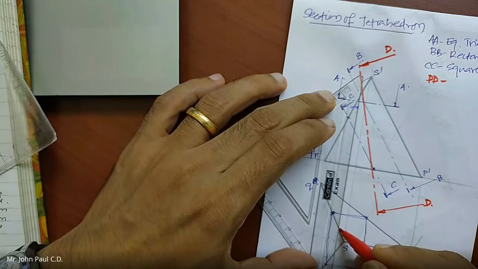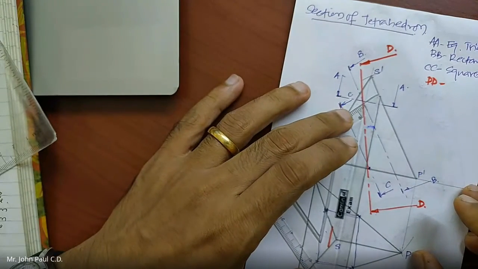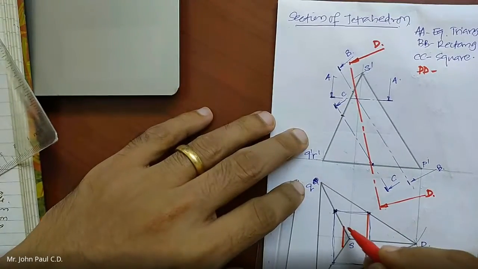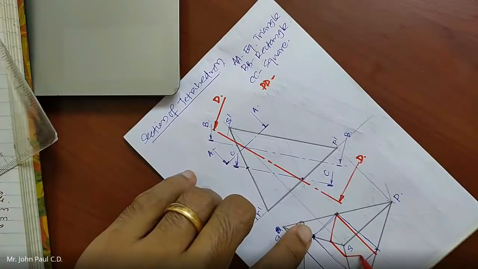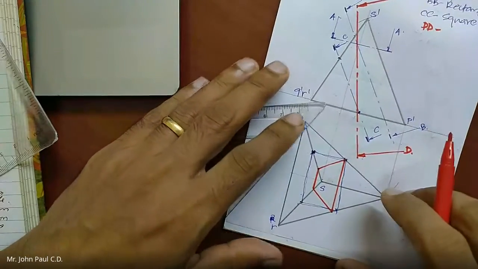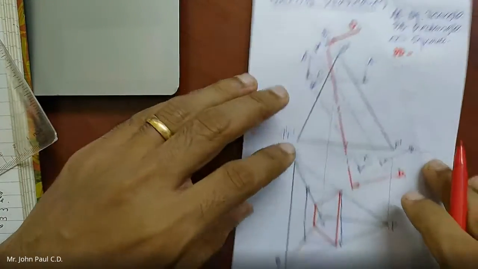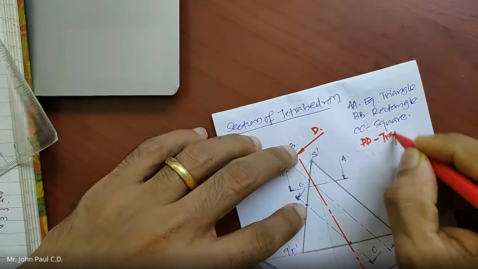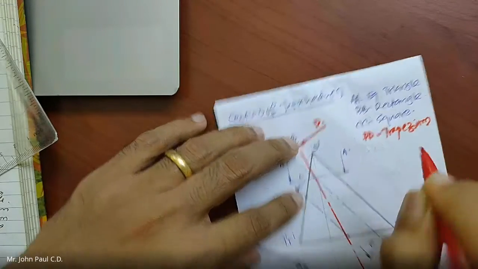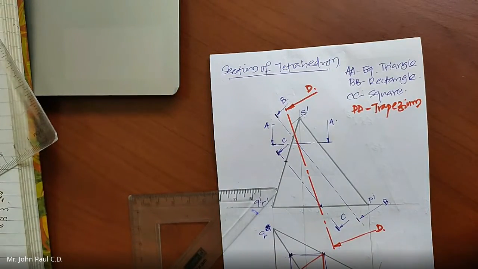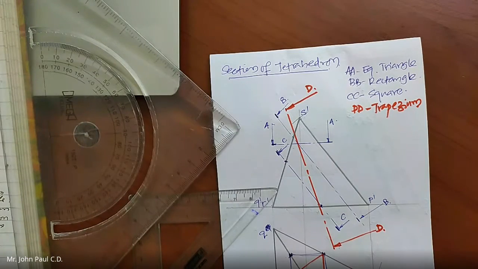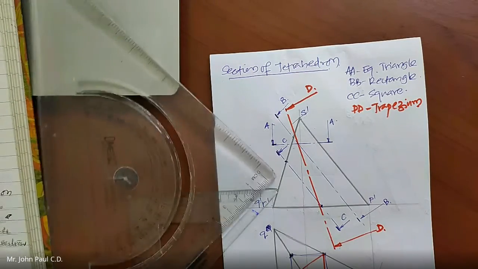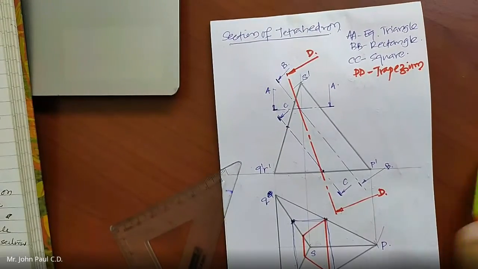So these will be the two edge points here, and on the base I have these two points. This is a newly formed surface, the top view. What would be the shape? Trapezium. Right, that would be a trapezium. So these are the different shapes that you may get from the tetrahedron.